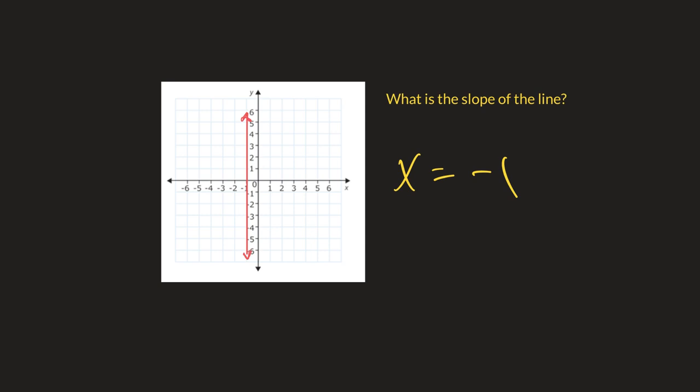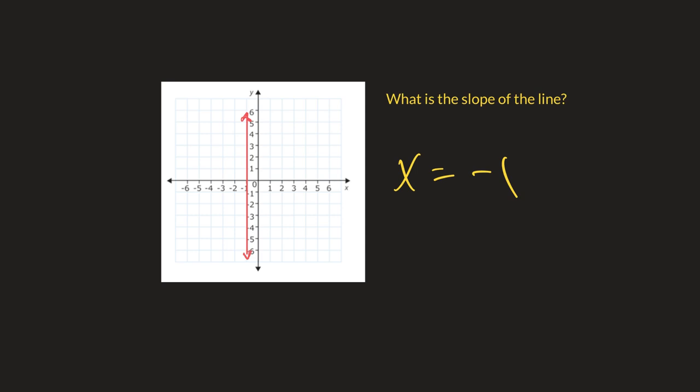Now, what's the slope of a vertical line? Does anybody remember? Up, down. Does everybody agree that a vertical line is very steep? Yes. Vertical line, straight up and down. It really doesn't get much steeper than straight up and down, okay? A vertical line is so steep, we cannot define it.